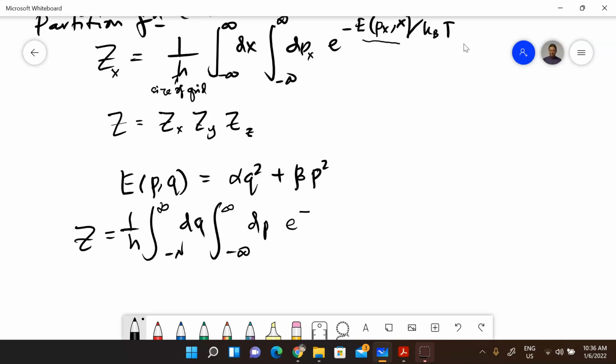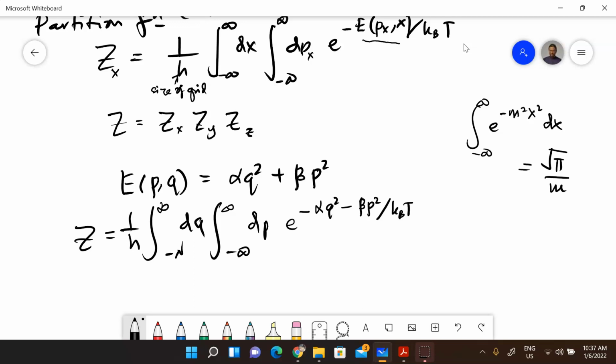E to the minus alpha q squared minus beta p squared, the whole thing over kBT here. So one can use this formula that one knows. You take the integral of e to the minus m squared h squared from minus infinity to infinity. This is the Gaussian integral. This is root pi over m. Okay, so one can use this to evaluate this.